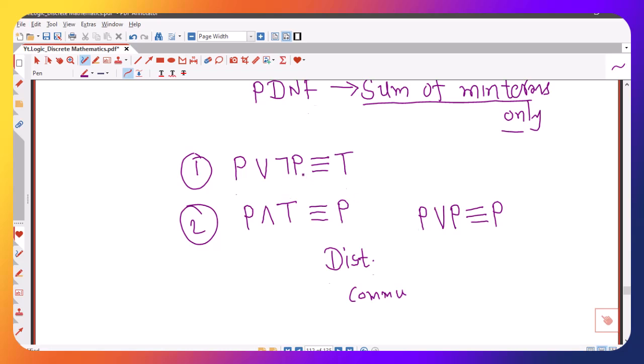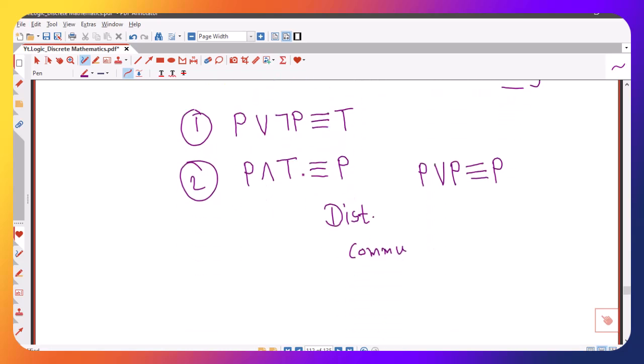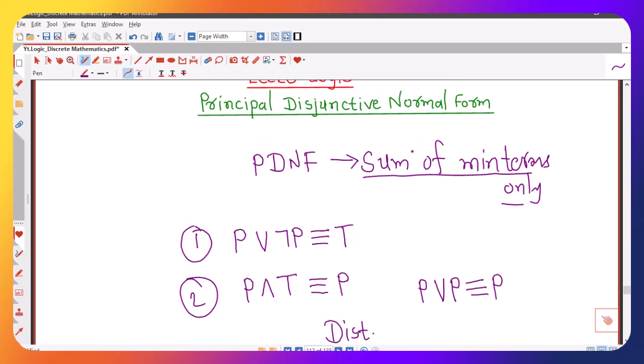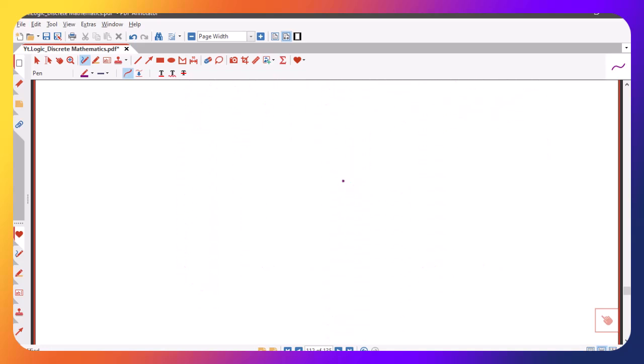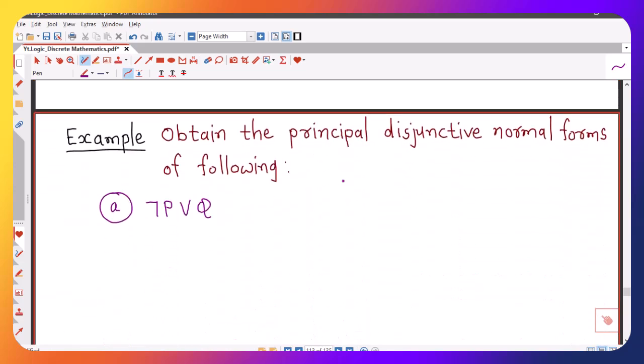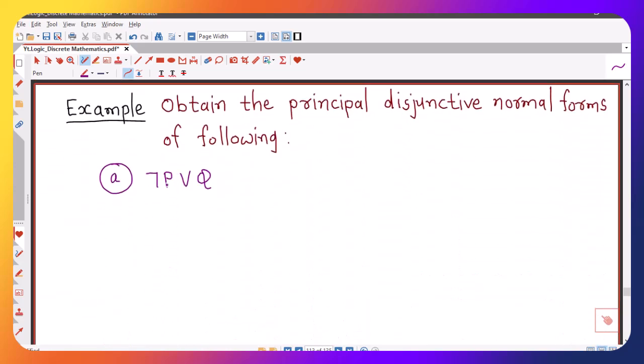So using all these logical equivalencies, we can obtain principal disjunctive normal form of a given statement formula without using truth table. So this we explain using this example. I have taken two statement formulas and I will obtain principal disjunctive normal forms of these two statement formulas.